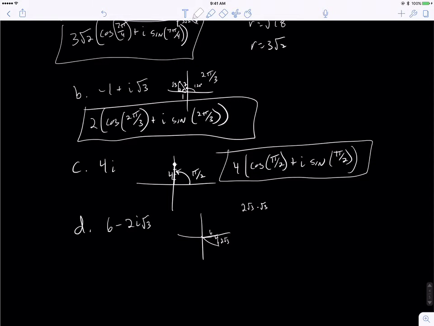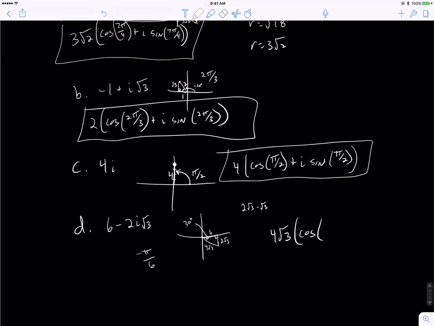So that means that 2 root 3 is the short leg. So that means this angle in here is 30 degrees. And then if I double it to get the hypotenuse, I get 4 root 3. So the radius is 4 root 3 times cosine of, now instead of negative pi over 6, because that's 30, right?